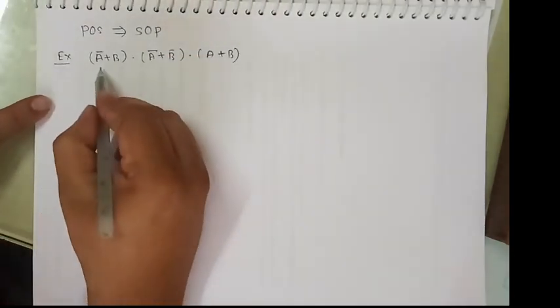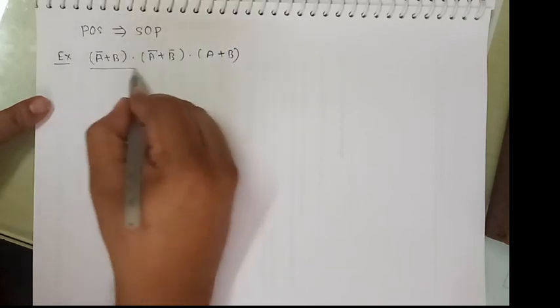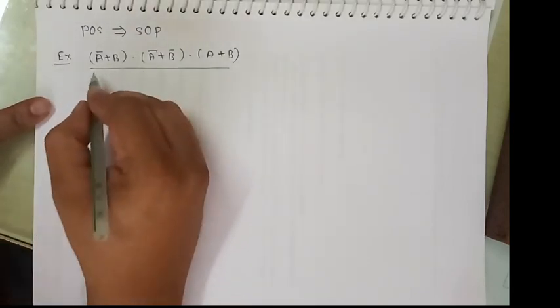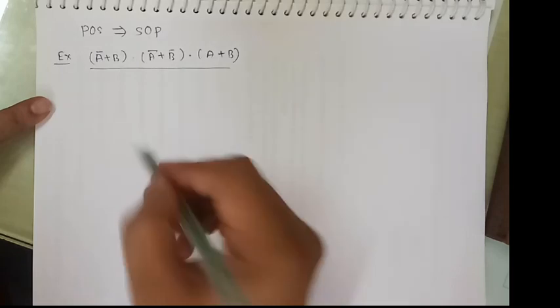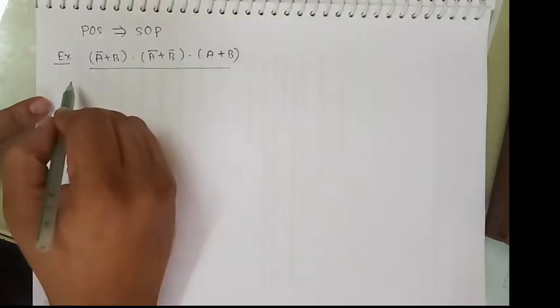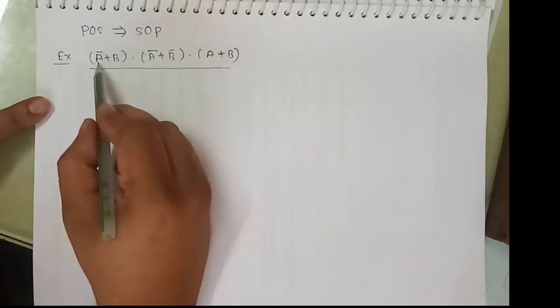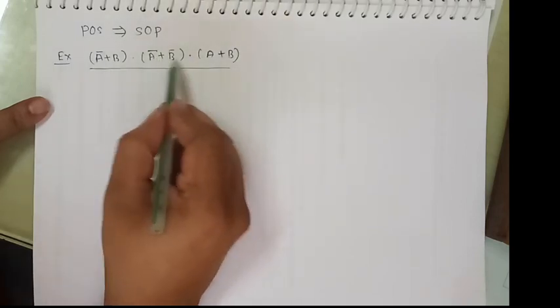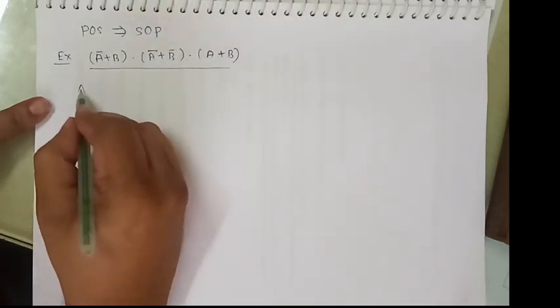For that purpose you need to draw the truth table for this given equation. To draw the truth table, first we need to find the number of variables. Here A, B, A, B, A, B: only two variables are there.